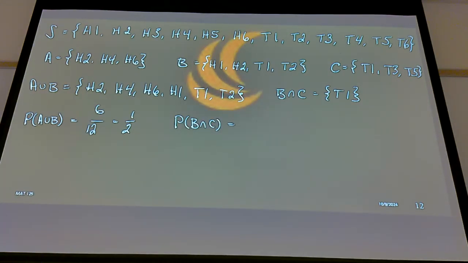How many events do we have for B intersect C? Out of how many? So that has a 1 in 12 chance of occurring. And finally, probability of D. Out of how many? So 1 in 3.